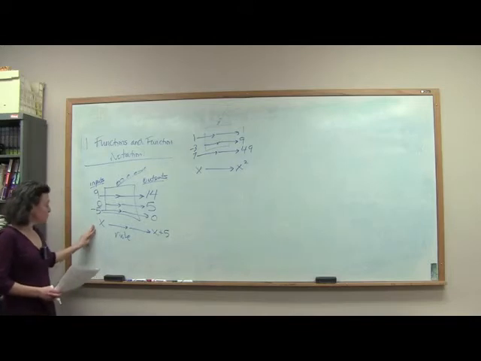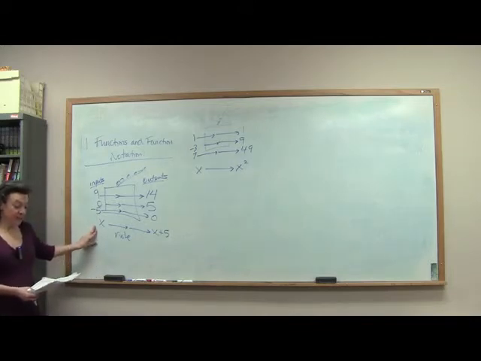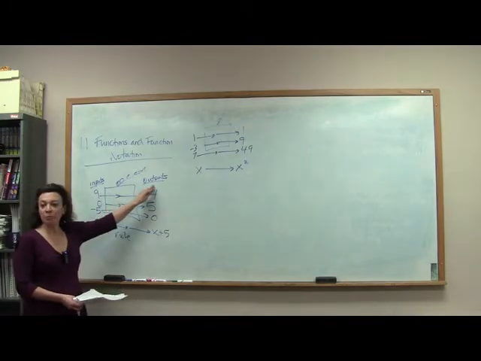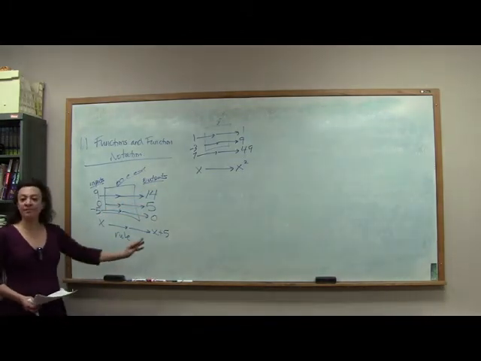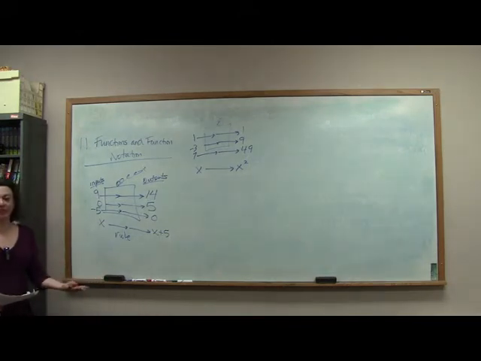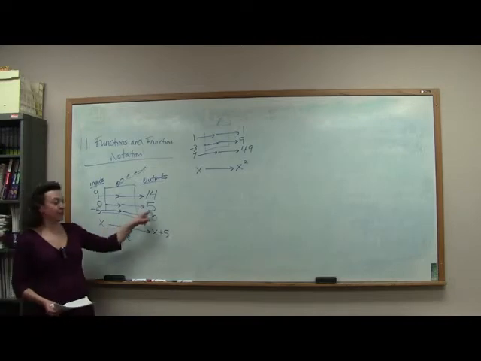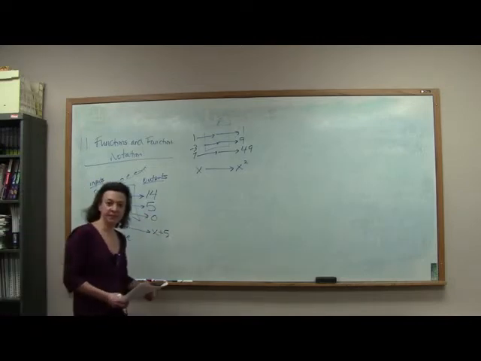So your input we think of as the independent variable, and the output we think of as the dependent variable. We call them variables because they can change. That's in contrast to, say, the number 5, which is a constant. It never changes.